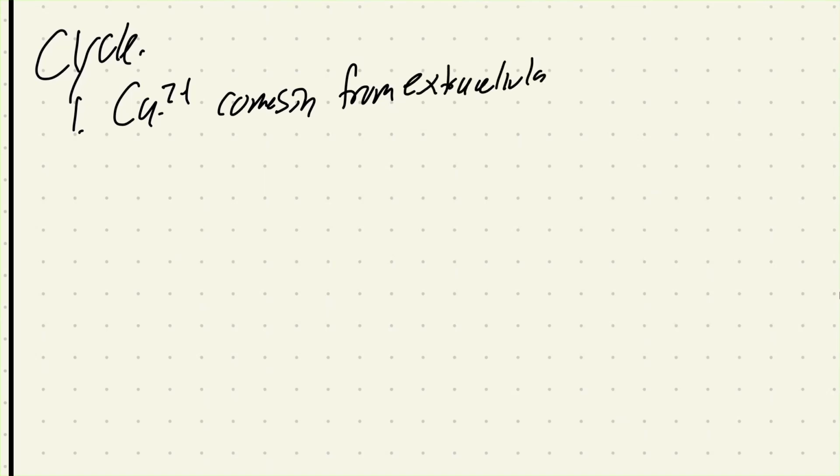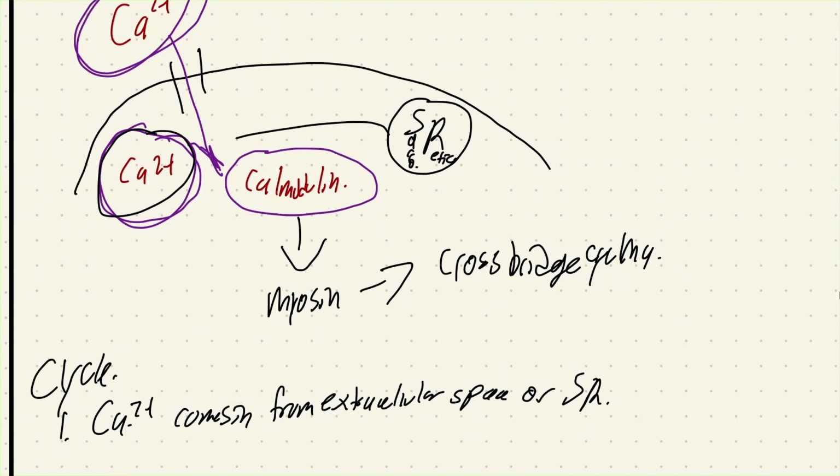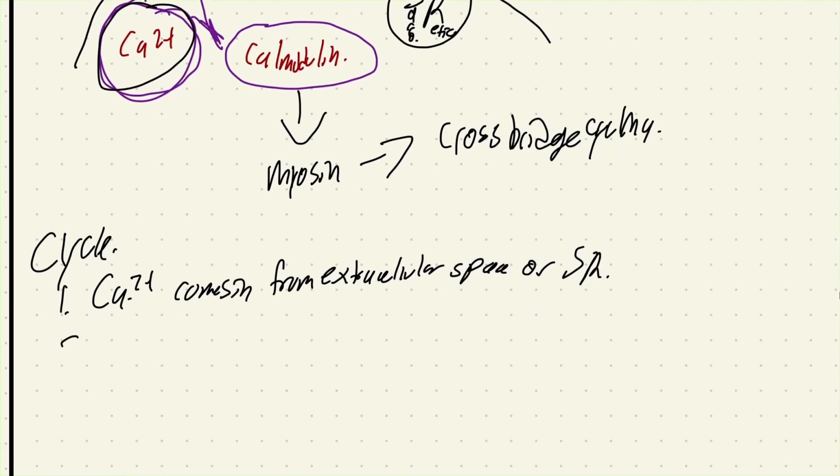So if you look here, step 1: Ca2+ comes in from the extracellular space or the SR, so there's an increase in calcium either from the sarcoplasmic reticulum or from outside. That's step 1.